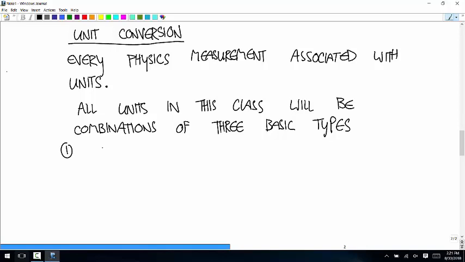Units of length, so examples of that are inches, feet, meters, miles, and so on.